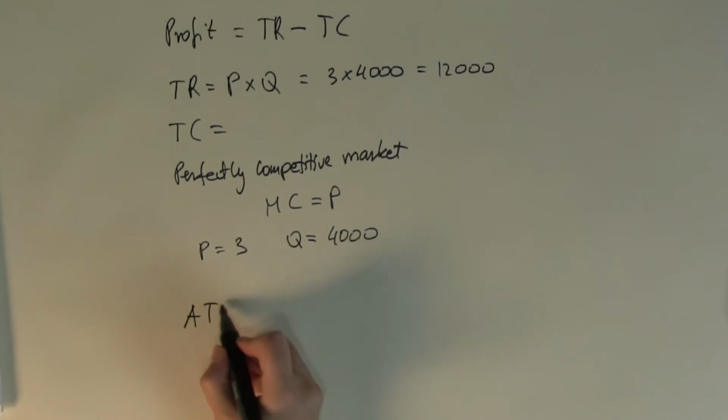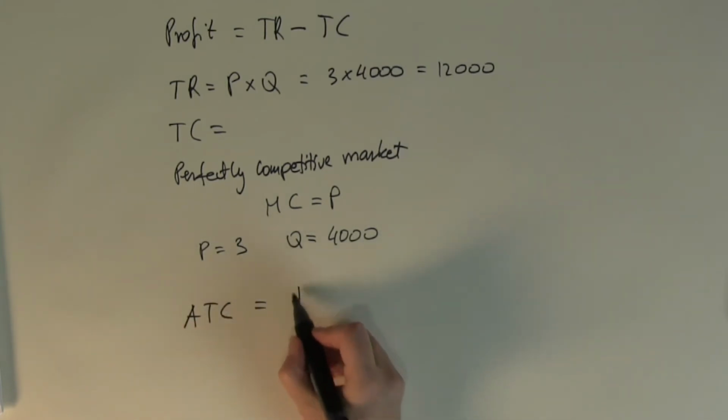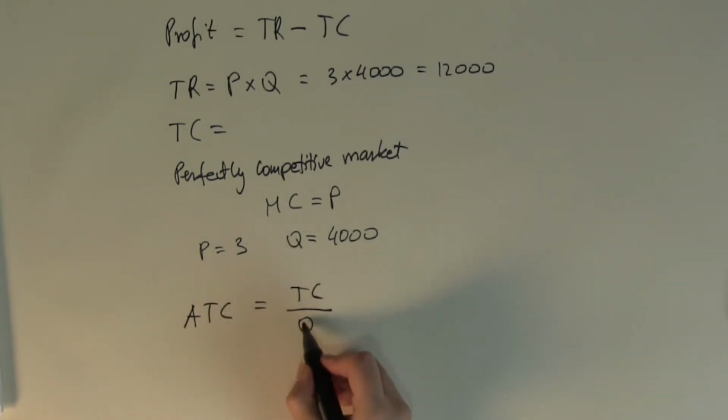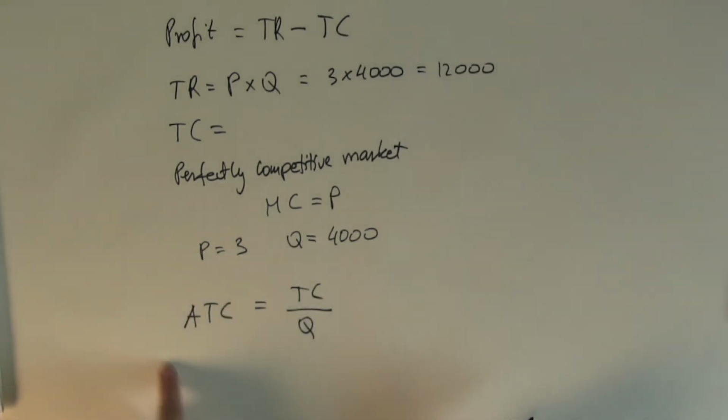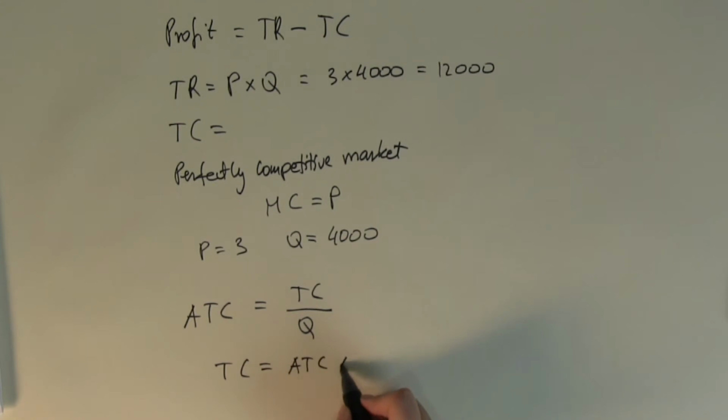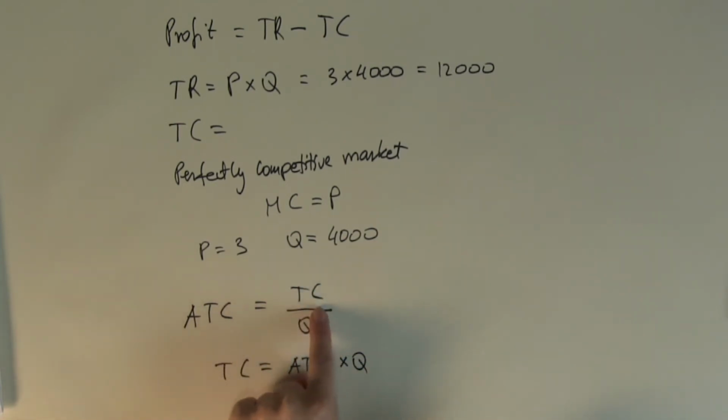Now the average total cost is nothing else but the total cost divided by the quantity. So if I rearrange this equation, I can say that the total cost is equal to the average total cost times the quantity.